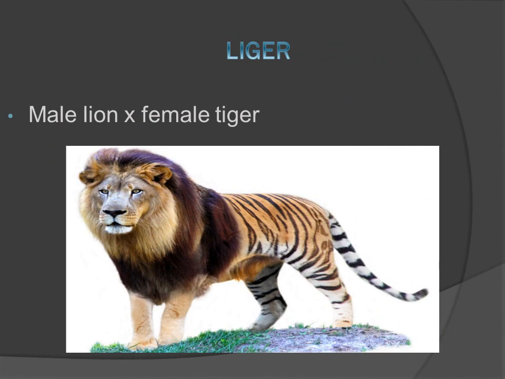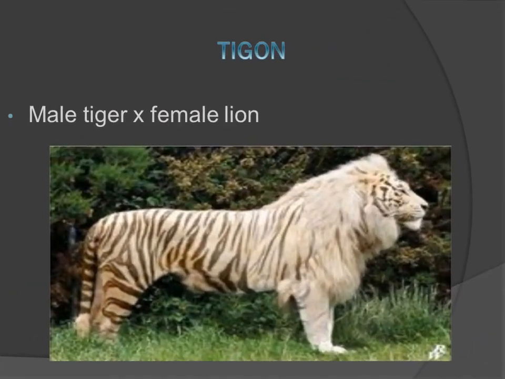And another example, when a male lion is crossed with a female tiger, it produces this hybrid variety, I mean sterile, called liger. One more example, a male tiger crossed with a female lion produces the variety called tigon. Is it fine? These are all the examples for sterile offspring. Right?